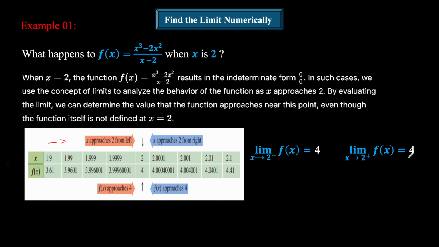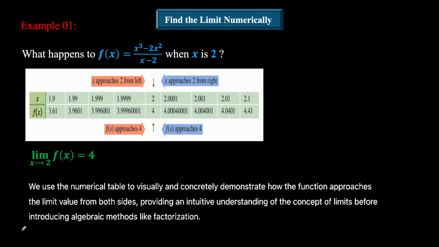So since the limit from the left side is equal to the limit from the right side, we say the overall limit exists, and the limit as x approaches 2 of f of x is equal to 4. So this is the idea in general. We are approaching a specific number to see the behavior of our function.